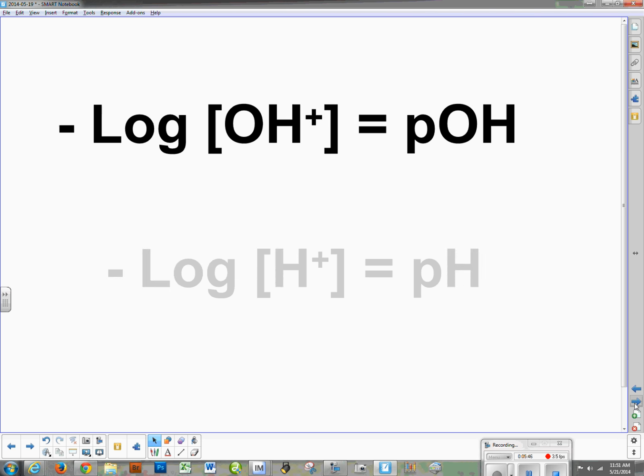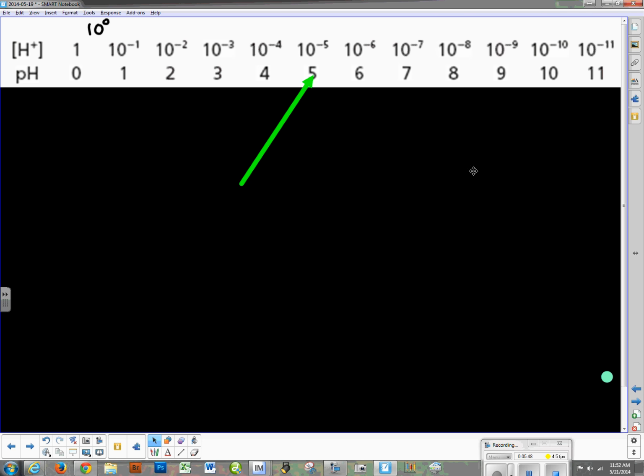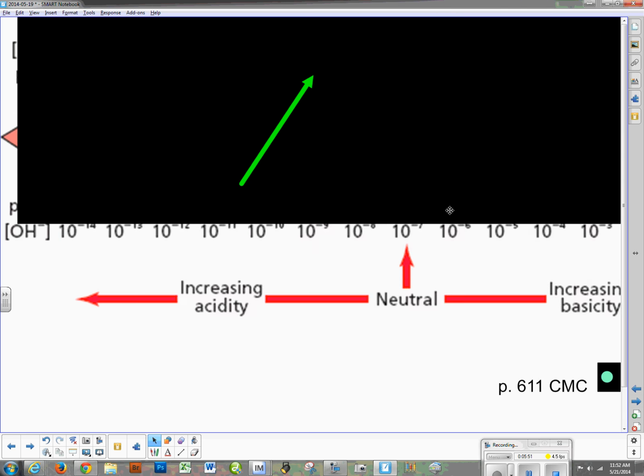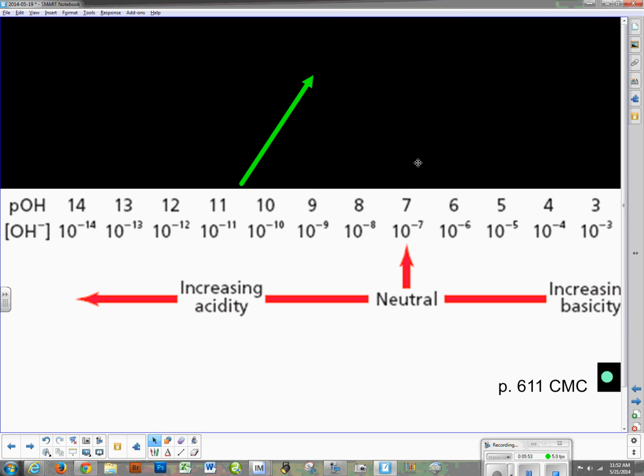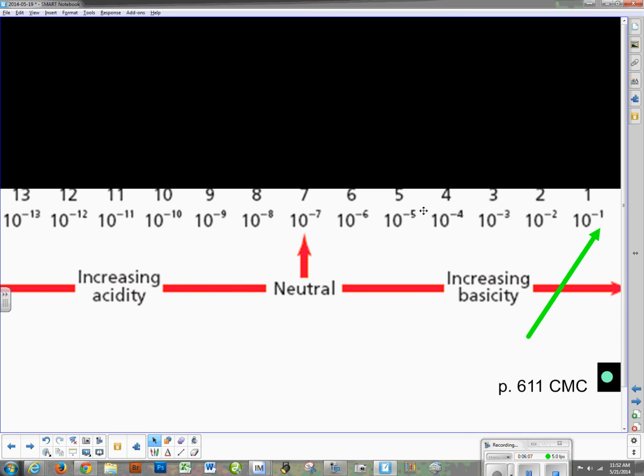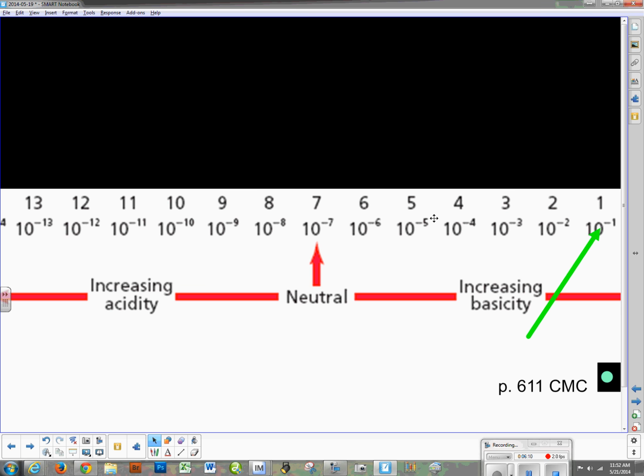And that's how we go back and forth. So now we look at the hydroxide side. The hydroxide ion concentration is given here, and that starts at minus 14 and goes all the way down to 10 to the minus 1, right there for the concentration.